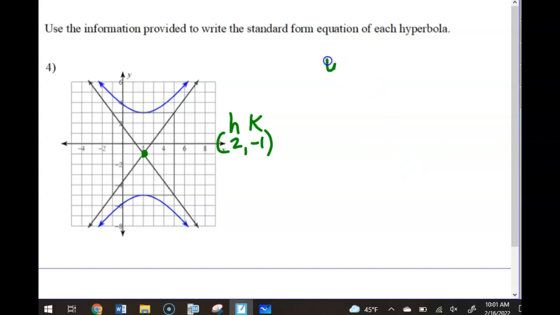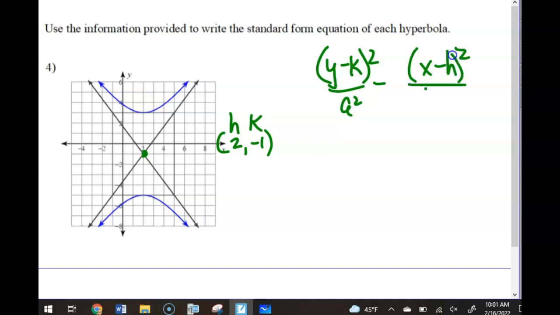Up and down, so it starts with the Y, so it goes Y minus K squared over A squared minus X minus H squared over B squared equals 1. We already know the H and K. We're almost done. Okay, the A is not necessarily the bigger one. It's the one that goes up and down because it's opening up and down.